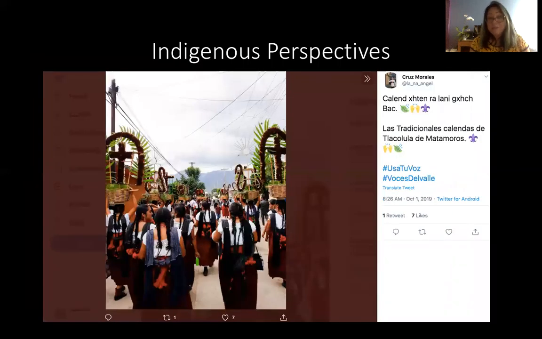such as this one, where we see a pretty active member of the Voces del Valle and Usa tu Voz hashtags, Angel Cruz Morales, and he is basically sharing an image that he took of a procession in which the young women are dressed in the La Colula regalia for this procession.